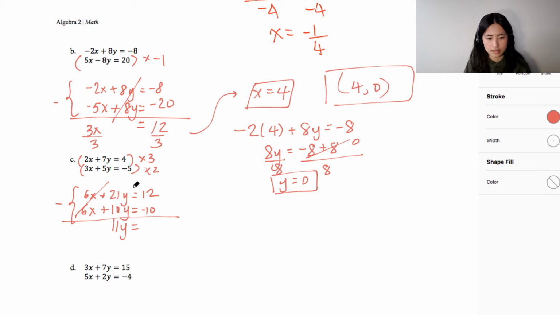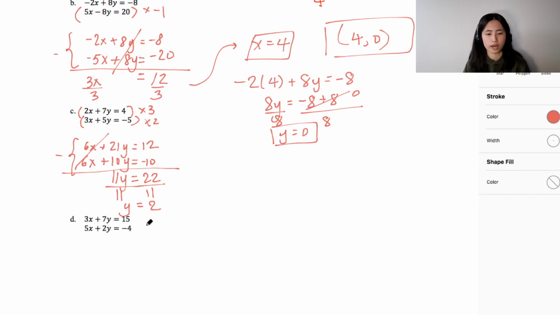And you have 12, and this is minus minus 10, so that gives you a positive number. So this is 12 plus 10, which is 22. Great, so all we have to do is divide both sides by 11, so you're going to get 2. 22 divided by 11 is 2. So now you know that y must be 2.